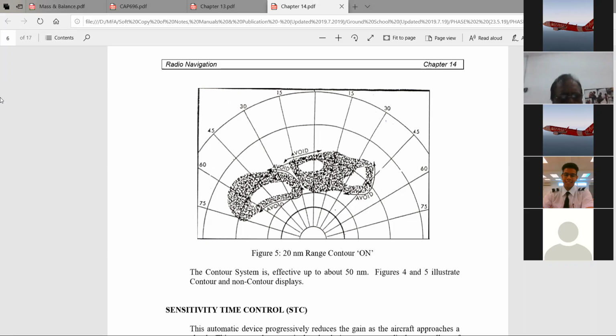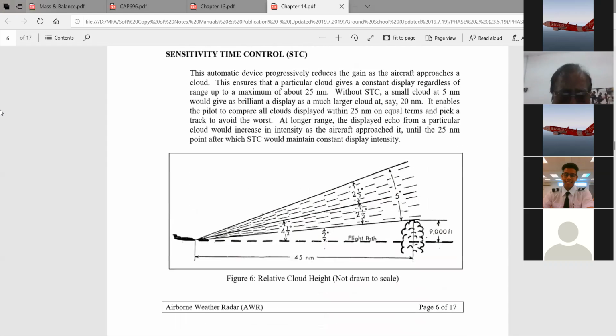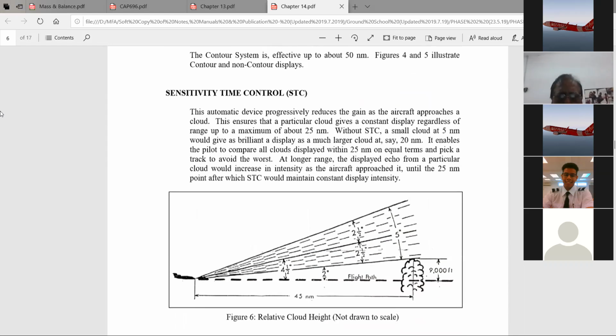Righto? You have another control which is called, can you go slightly further up, please? Sensitivity time control. Slightly down. Now, the purpose of sensitivity time control is basically to give you, again, a range of up to 25 nautical miles. This is another circuit which is added, which within the distance of 25 nautical miles gives you a picture which is absolutely similar.